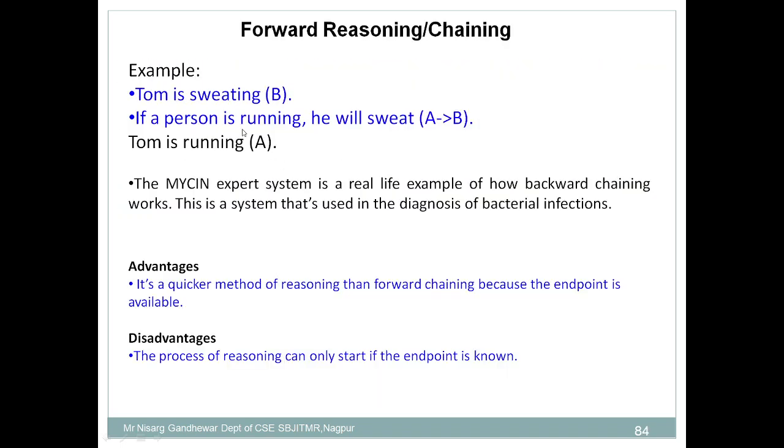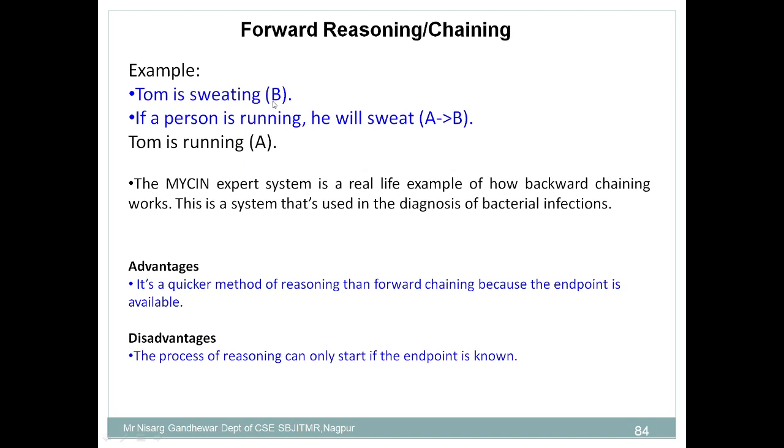Now in backward reasoning, as I told you, it is exactly opposite of forward reasoning. Here we are present in the goal state, and we want to find the initial state, which means we need to understand what inference we use to reach the initial state. So Tom is sweating, and if a person is running he will sweat, that is A implies B. From this we can say that Tom is running, because Tom is sweating and a person who is running sweats. So we conclude that Tom is running.